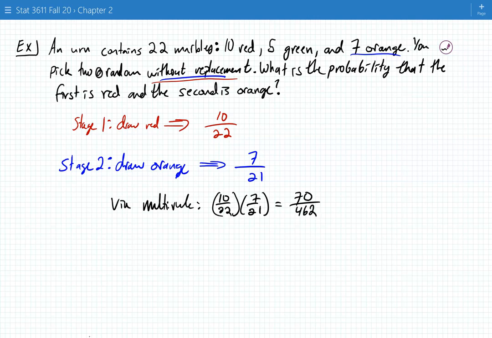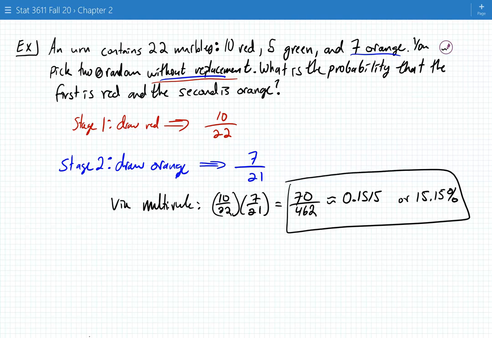Check a calculator there. That's 462. So 70 over 462, which is approximately 0.1515, or 15.15%. There we go.